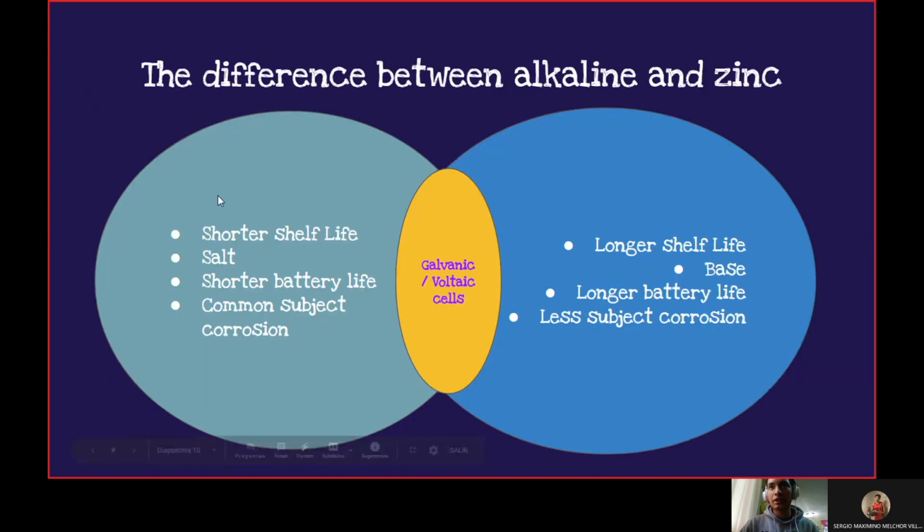Then we have a comparison between alkaline and zinc batteries. Zinc batteries have a shorter life and common corrosion. In contrast, alkaline batteries have a longer life, operate in a base, and are less subject to corrosion. What they have in common is that both are galvanic or voltaic cells.